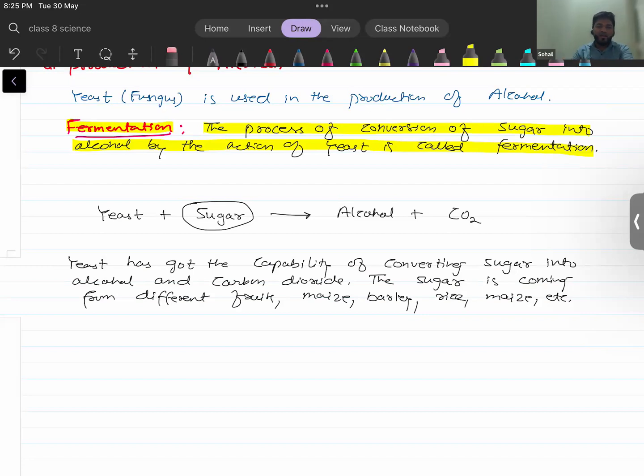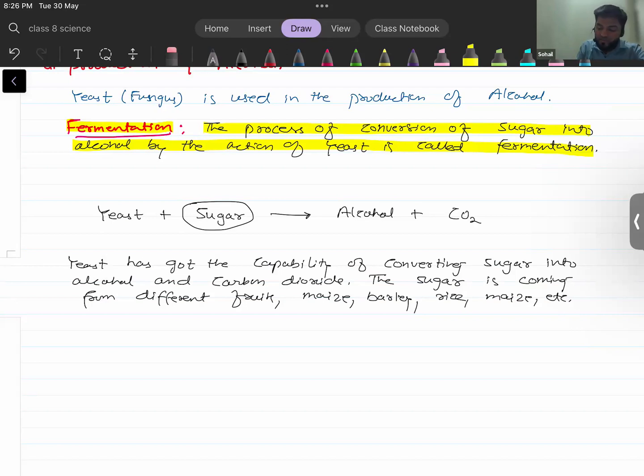Now, any idea who discovered this process of fermentation? Look, there was a scientist named Louis Pasteur in the year 1857. In that year, he discovered the method of formation of alcohol by the process of fermentation.